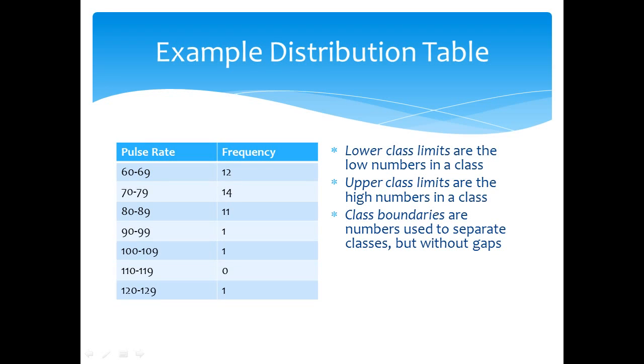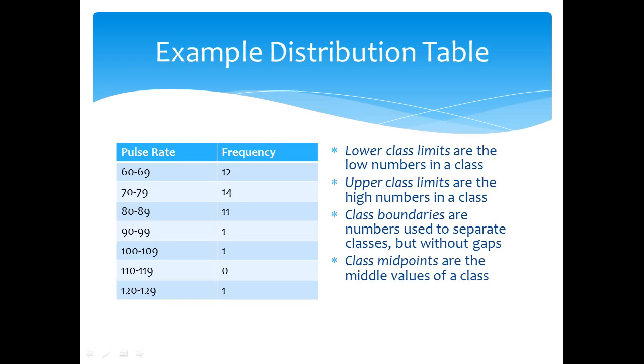It's halfway between the high number in the previous class and the low number in the next class. Your class boundaries in this case would be 69.5, 79.5, 89.5, 99.5, 109.5, 119.5, and 129.5.